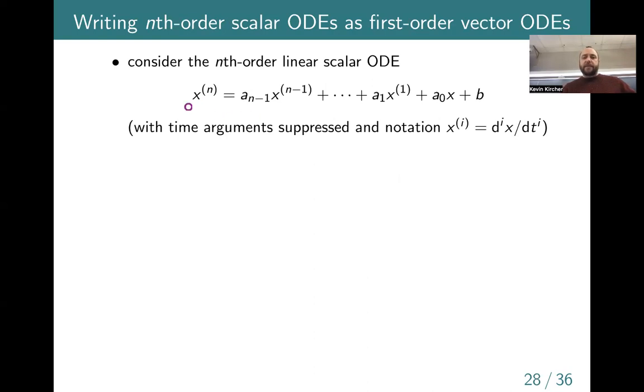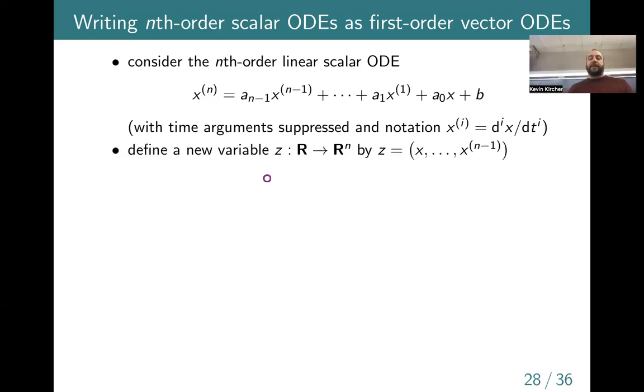I've introduced a little bit of shorthand just to keep the math on the slides cleaner and shorter. So x to the parentheses n means the nth derivative of x, so d^n x by dt^n. I've also dropped the time arguments, but you can imagine that the a_i are functions of time, and b is also a function.